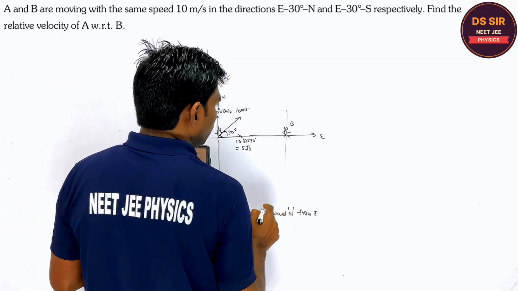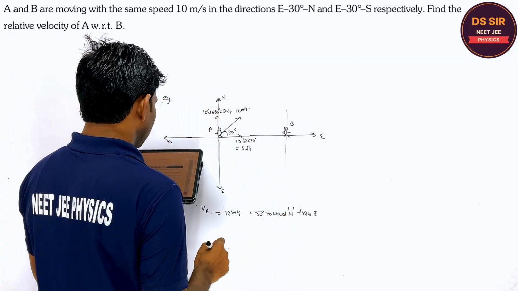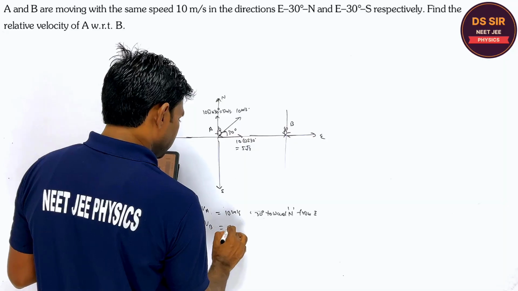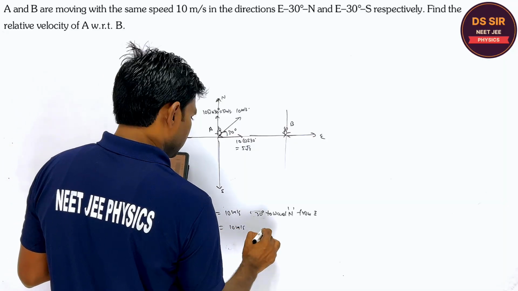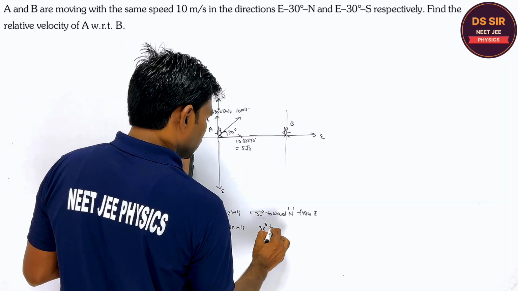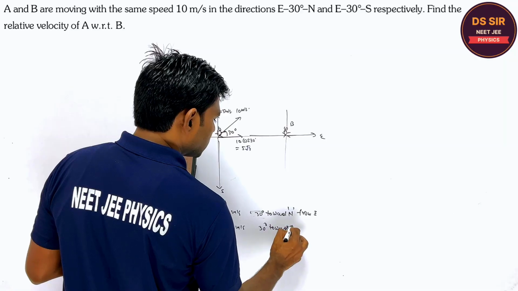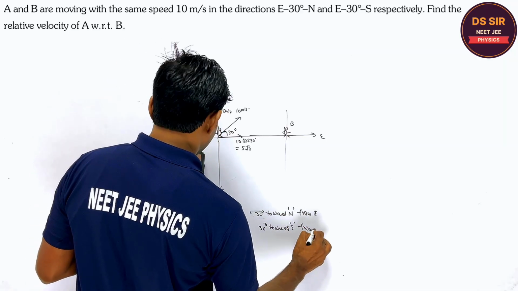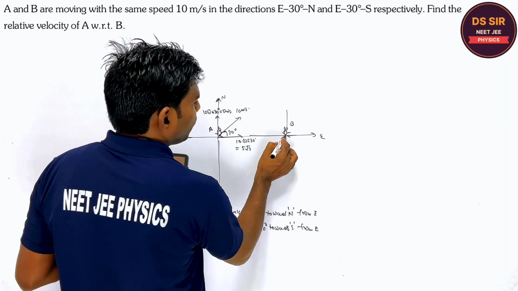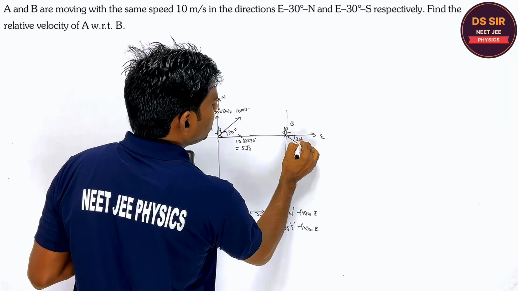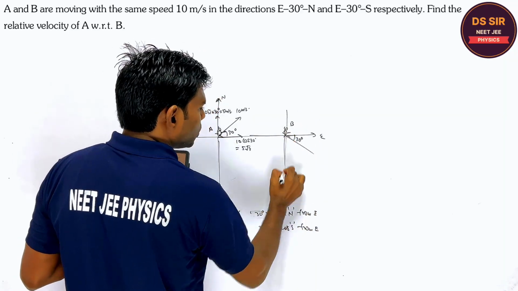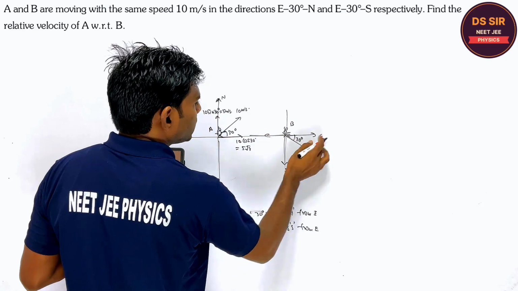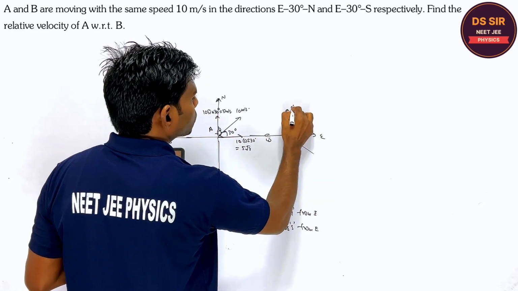And what is the velocity of B? It is velocity of B, it is 10 meter per second, 30 degree towards south from east, right? From east means from east, and this is south, east, west, north, south.